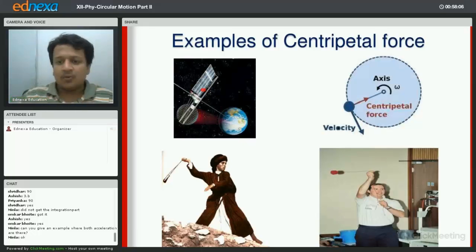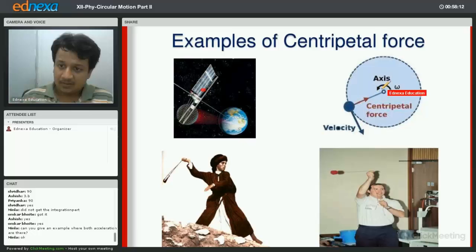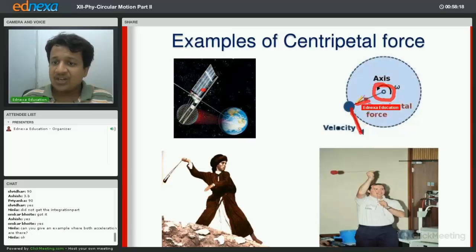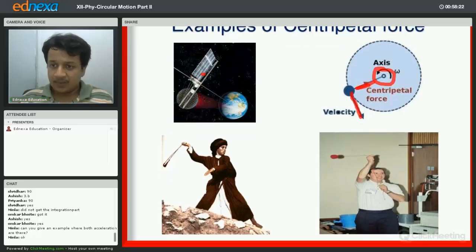So gravitational force is equal to centripetal force. When anything is moving in a circular orbit, the velocity is in this direction and the centripetal force is always towards the center. We discussed this example, David's sling example.